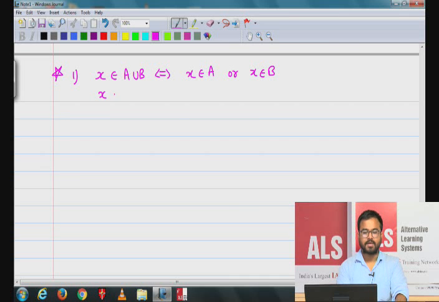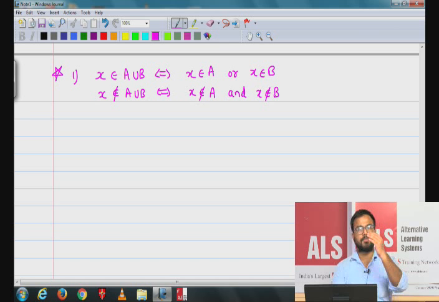Similarly, if X does not belong to A union B, this means X does not belong to A and X does not belong to B. You can memorize it like this. If it is negative, the union will be replaced by the intersection. AND means intersection, OR means union. So if it is negative, meaning does not belong to, then it will be replaced by AND.